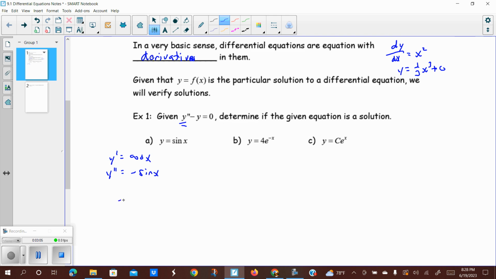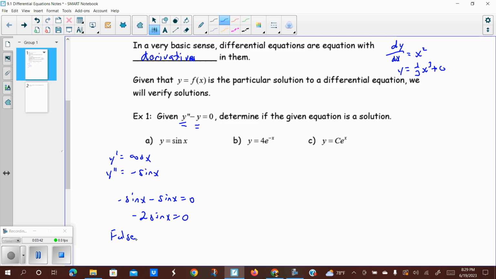That would be negative sine of x minus the original y value, because that's what this piece is, sine of x, equals 0. Negative sine of x minus sine of x is not 0. It is negative 2 sine of x. So we'd be saying that negative 2 sine of x equals 0. And that is not a true statement. Okay, that's a false statement. So letter A is false. Does not satisfy.